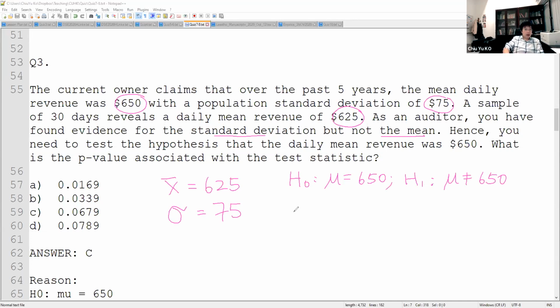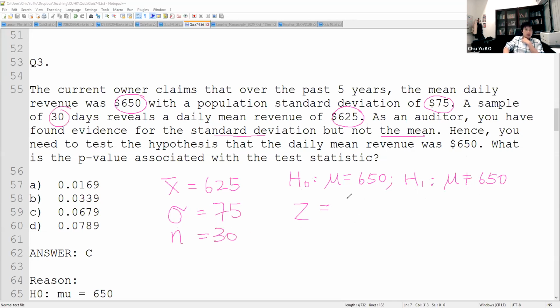Also the question explicitly asks whether it is exactly that or not. So there is evidence that you should do a two-tailed test. So you know this, then you use Z. Then forget the N, and what we have is 30 days.